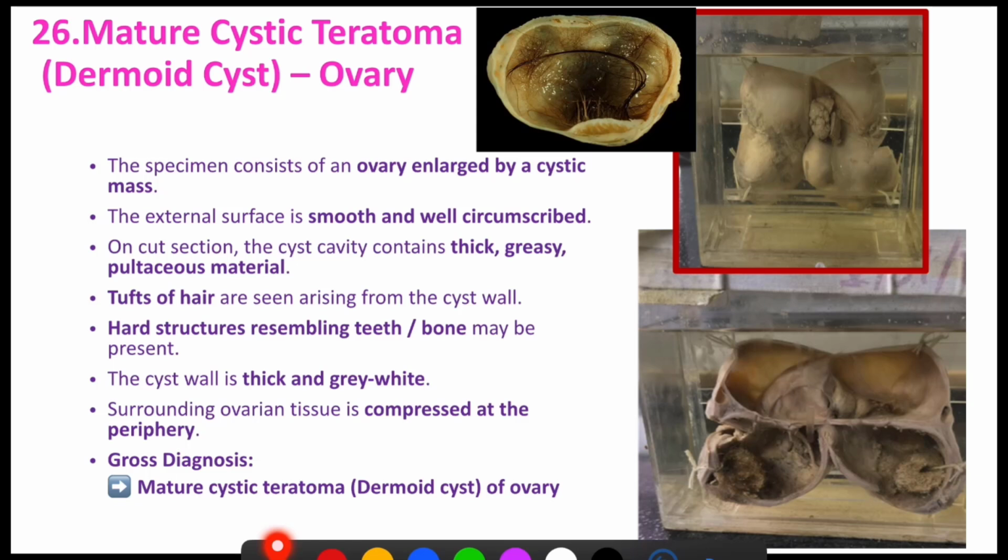Here again, this is an already cut open cystic ovarian mass, where in the lower part of this cyst you can identify some hair tuft and some sebaceous material. This is the cut surface, this is the outer surface, so this is a mature cystic teratoma or dermoid cyst of ovary.